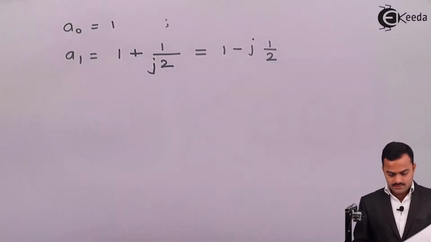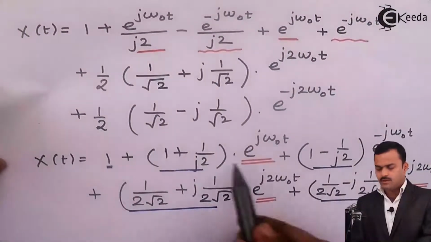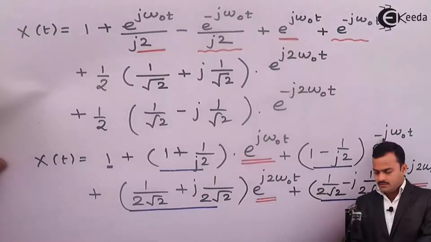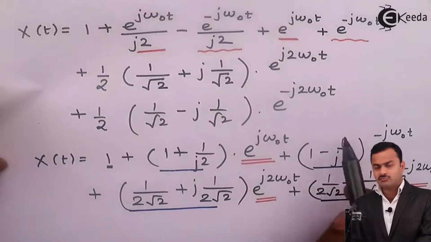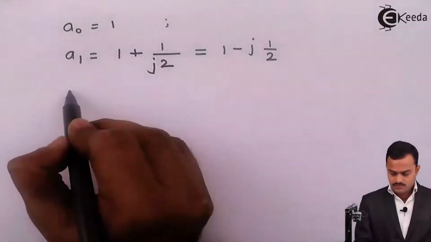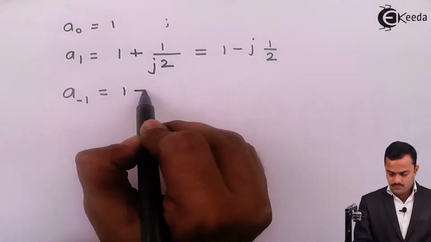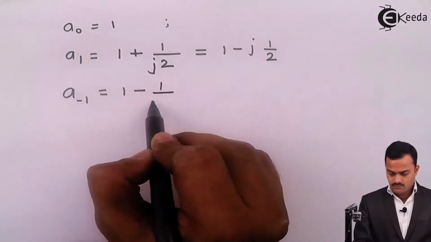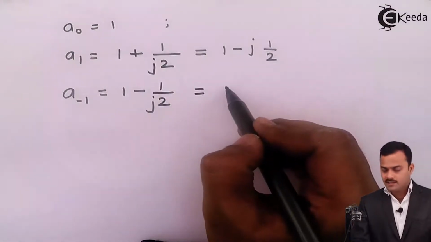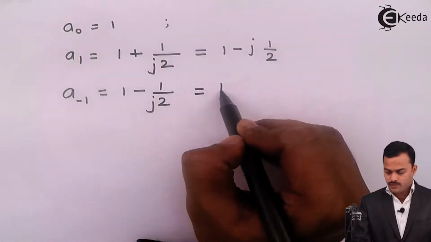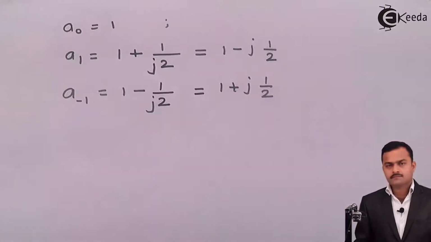Next is this number, or we can take it in a sequential manner, that I obtain if I put k equal to minus 1. So obviously this will become A minus 1. So A minus 1 is 1 minus 1 by j2, which while writing in a proper complex form I will get 1 plus j 1 by 2.